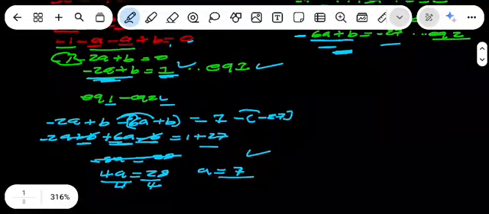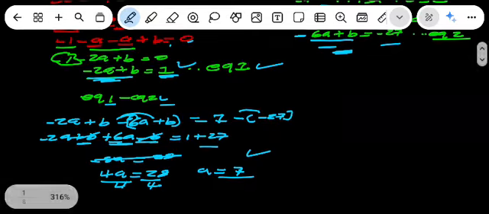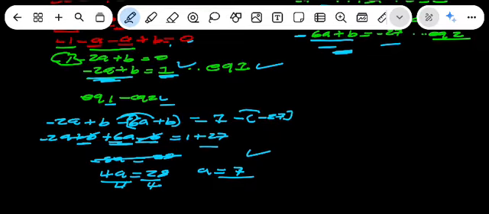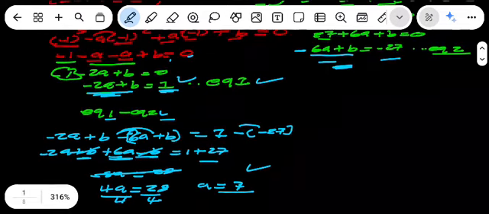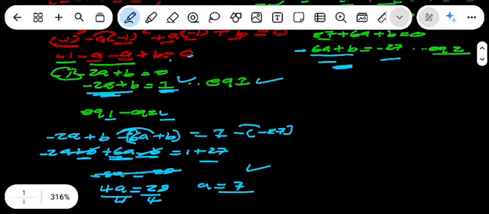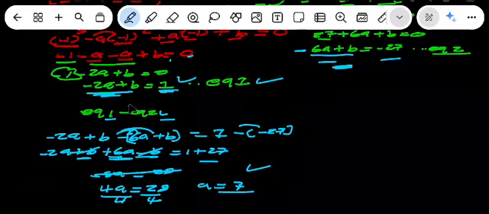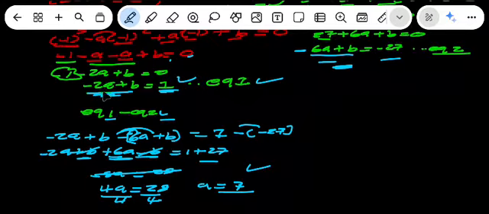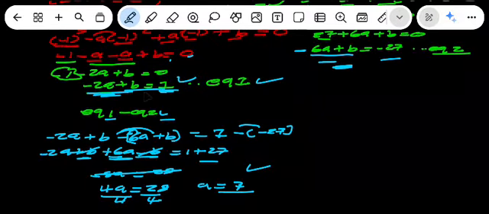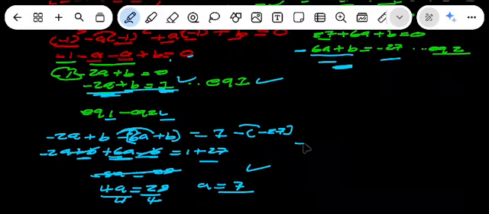You can choose any between these equations there. If I take a and substitute it here, I can use this equation there, equation 1, like minus 2a plus b.